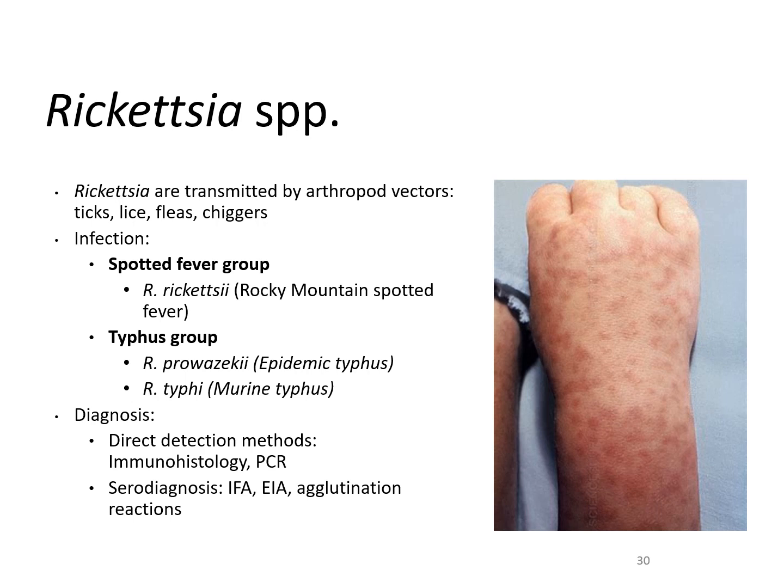And so you can see an image here with someone who has been infected with this, and they've got those spots after that infection. And so this is usually diagnosed through different direct detection methods: immunohistology, PCR testing, serodiagnostics. And again, just to remind you that these organisms do not grow well in culture, so that's why automated testing is necessary for them.